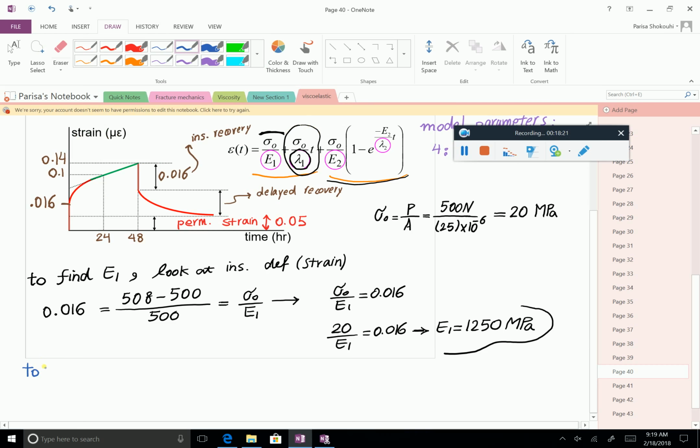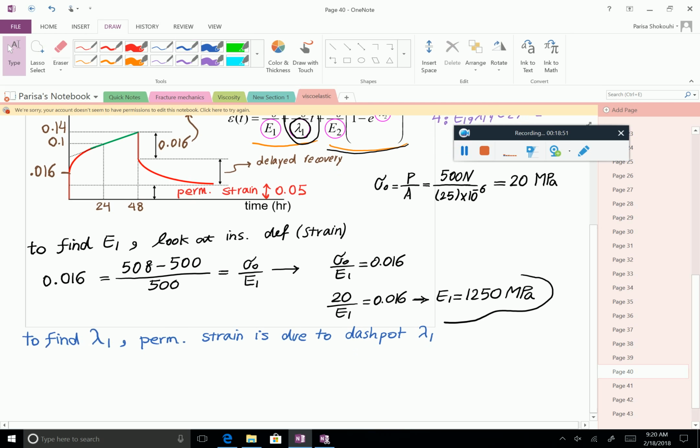So to find lambda 1, we remind ourselves that the permanent strain is due to dashpot lambda 1, because everything else is recovered either instantaneously or delayed.